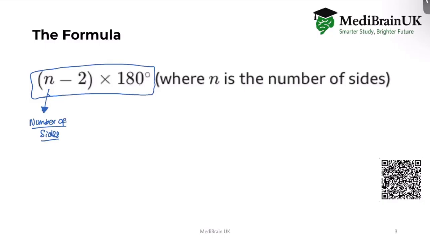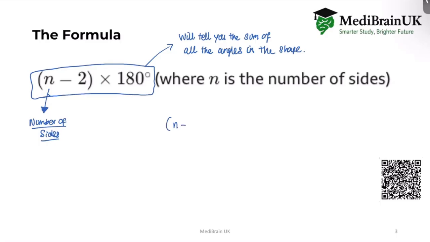If you use this formula, this will give you the sum of all the angles in the shape. And if you want to work out what each individual angle is worth, then you would just divide it by the number of angles.